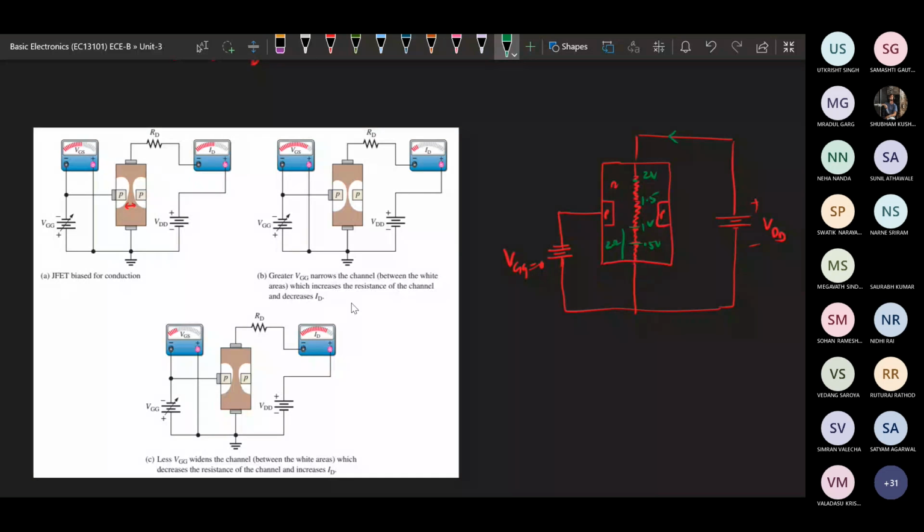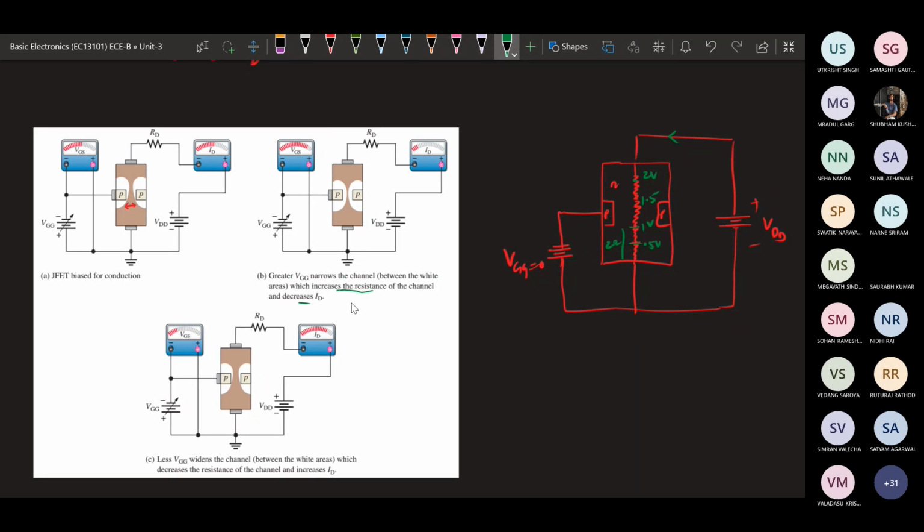If we increase this gate to source voltage, the resistance between the drain and source will increase. As channel depletion increases, our channel width reduces. At that time the resistance will be increasing, and as the resistance increases, the current will be decreasing in this region.